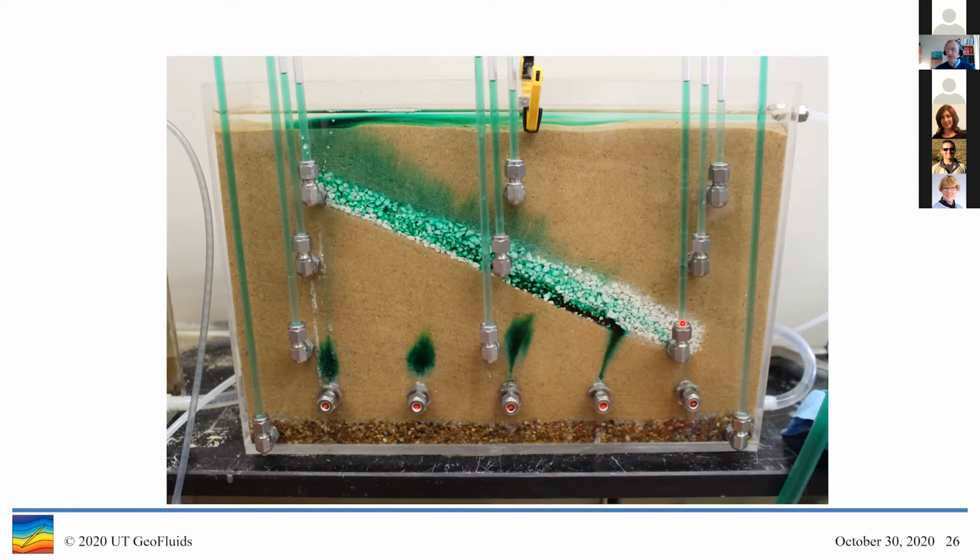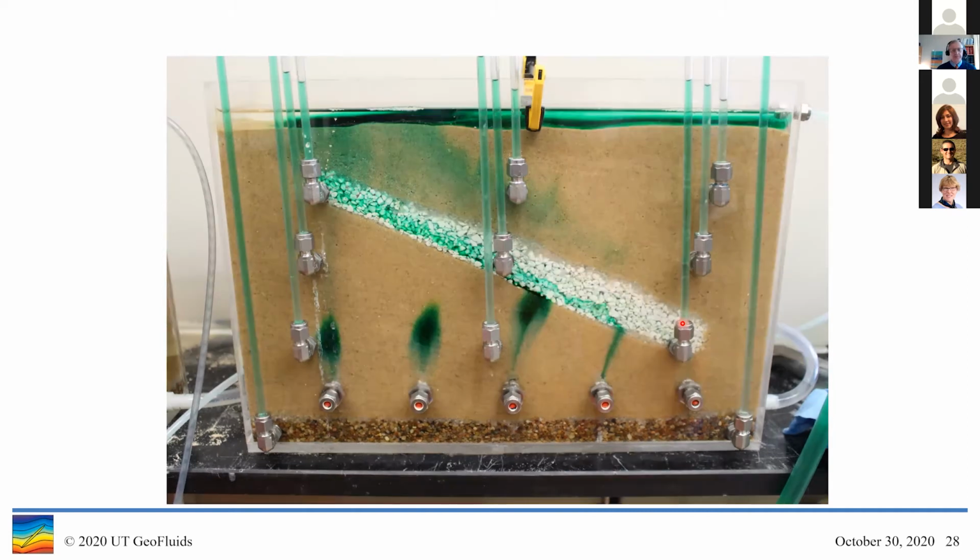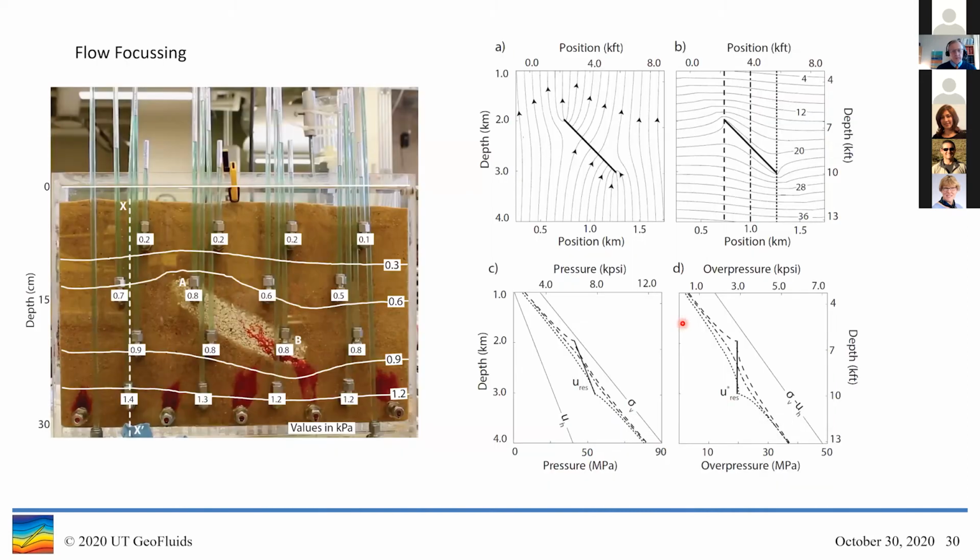So this is a fish tank, but you want to start thinking about this behavior on the scale of kilometers and tens of kilometers in the subsurface in overpressured systems. Now, there's been a lot of work on this problem. The cartoon on the left is the fish tank experiment we did, and we actually measured the pressures.